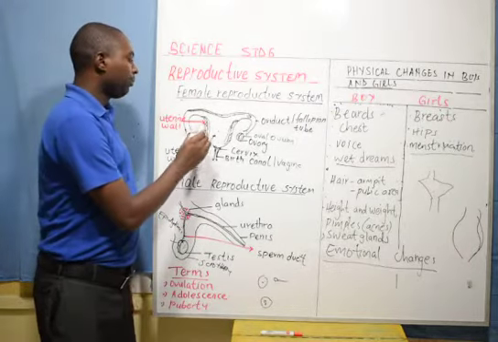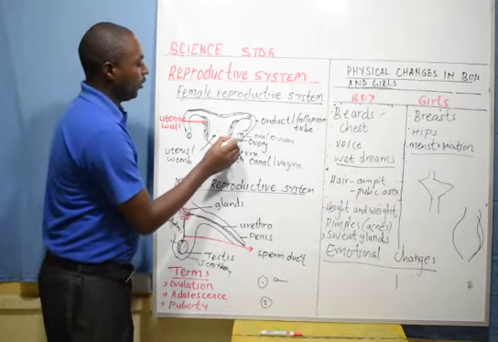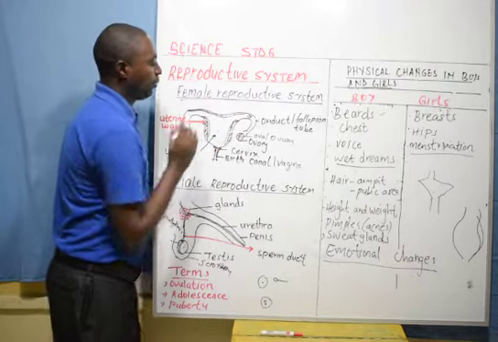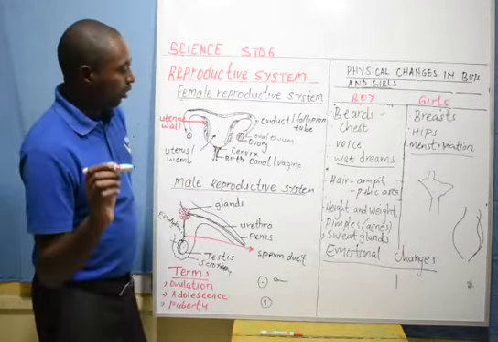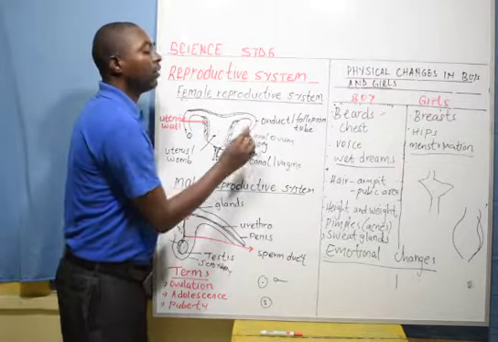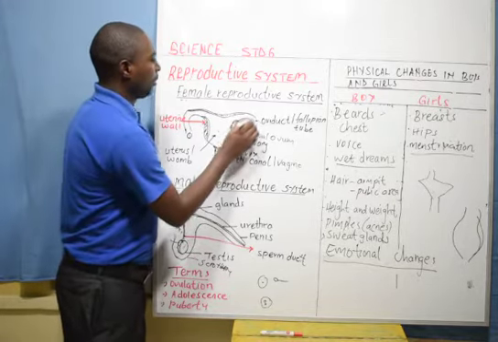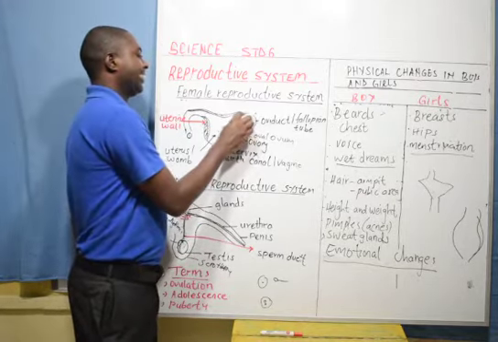Menstruation, I will discuss it using this diagram. It is when an ovary releases an ovum through a process known as ovulation. The ovum cannot remain in the oviduct forever. Its lifespan is 48 hours. So the moment it dies, it gets discharged out of the body.